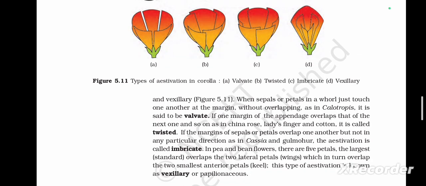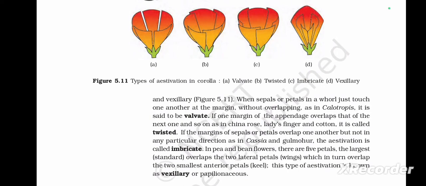When sepals or petals in a whorl just touch one another at the margin without overlapping, as in calotropis, it is said to be valvate. If one margin of the appendage overlaps that of the next one and so on, as in China rose, lady's finger, and cotton, it is called twisted.